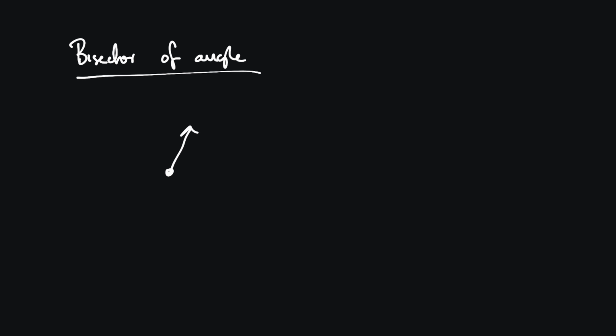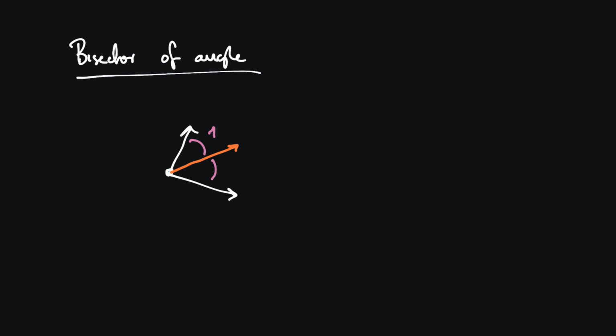Another interesting result is the bisector of an angle. The bisector of an angle is a ray, a line segment, or a line that separates the given angle. So if we suppose that we have this angle, and we have a ray that separates it, this ray separates the angle into two congruent angles.